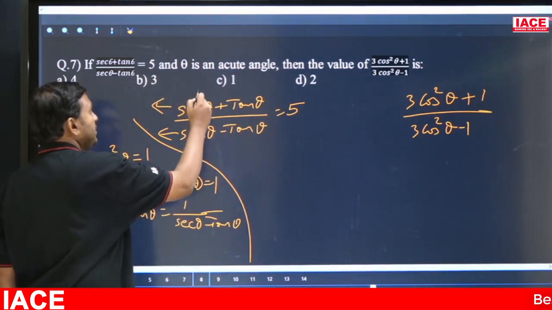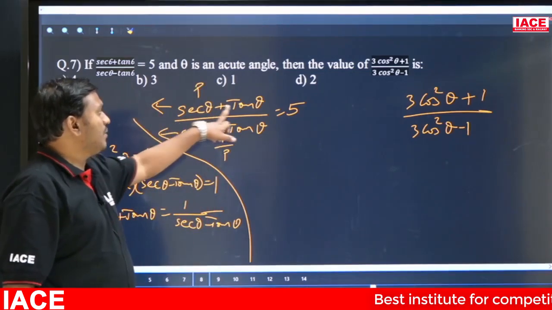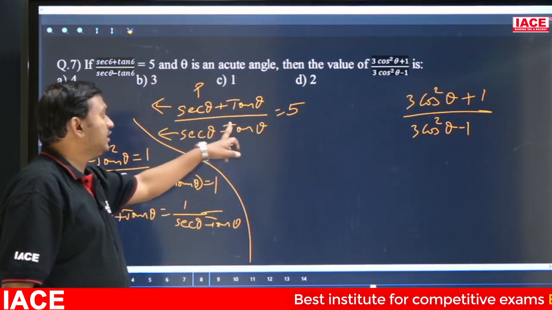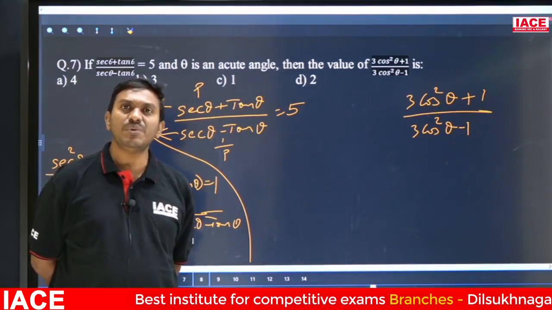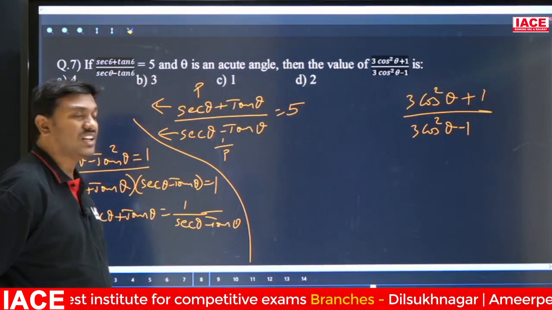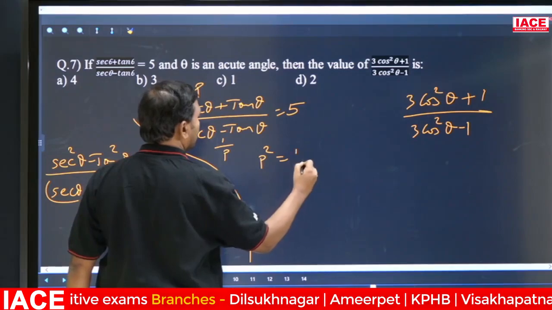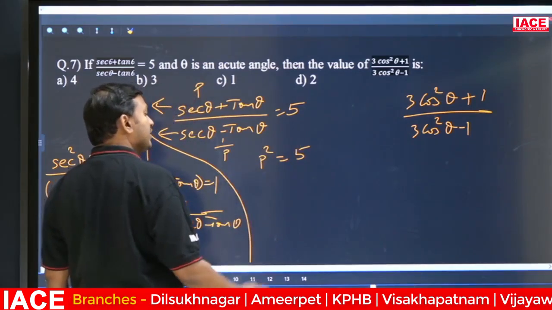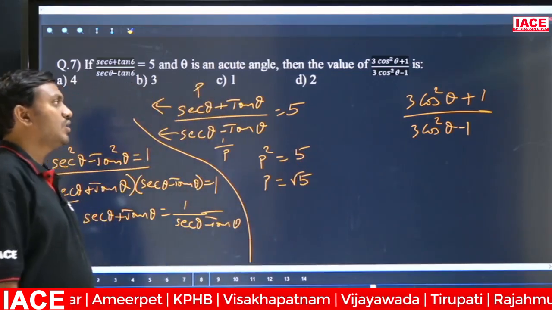Let it be P, means this is 1 by P. Secant theta plus tan theta is P, means secant theta minus tan theta is always 1 by P. This already we know. Now what happens? P square equal to how much? 5. P square equal to 5 means P equal to how much? Root 5, right? Root 5.